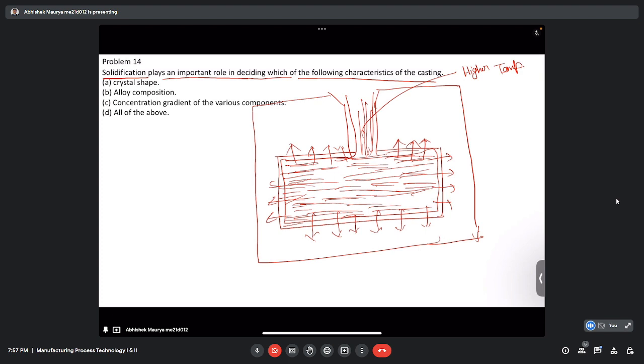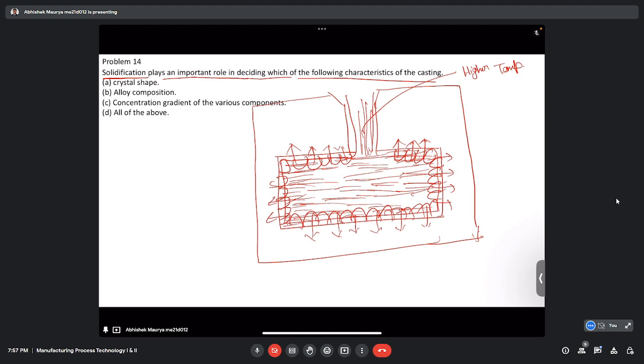Therefore, the temperature of the molten metal will fall quickly near the mold walls, and solidification will start first near the mold walls.